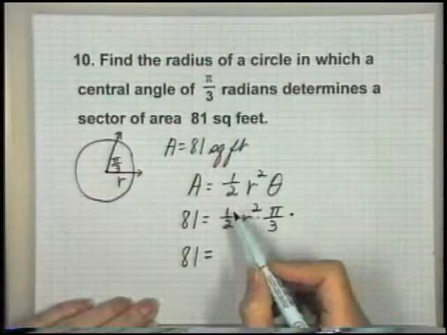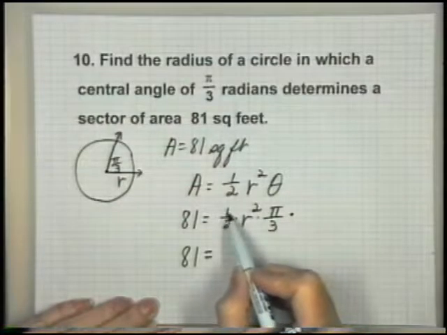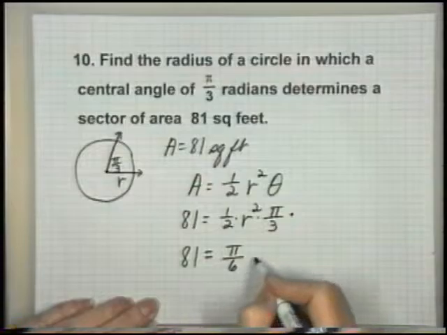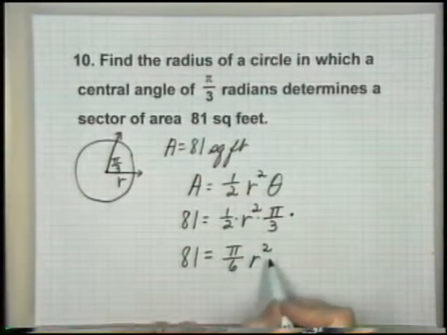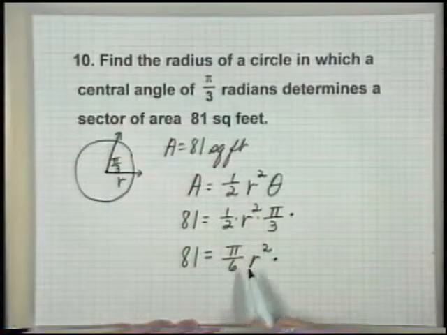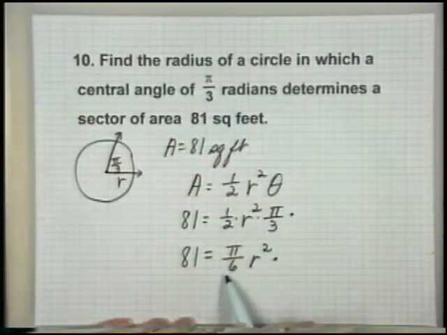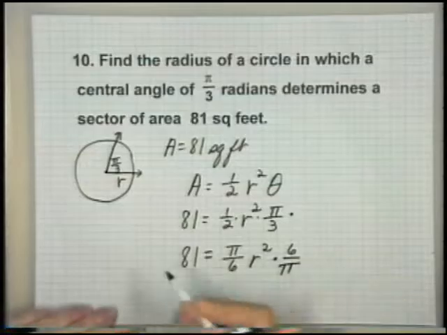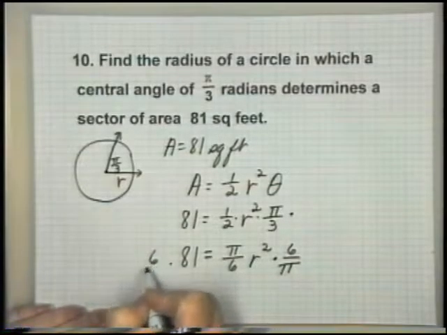And maybe some of you need to see it like this. We can say 1/2 times pi over 3. 1 times pi is pi, and 2 times 3 is 6. And now, to undo multiplying R squared by this fraction pi over 6, I can multiply by its reciprocal.